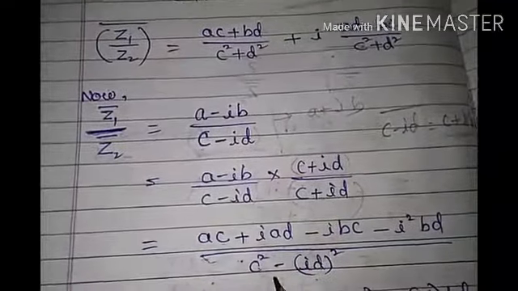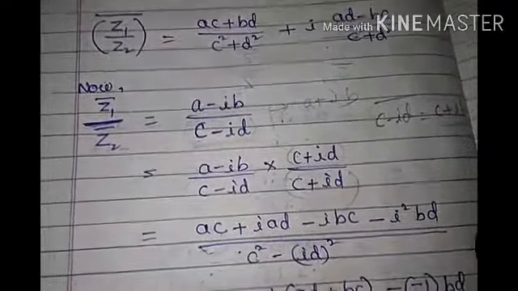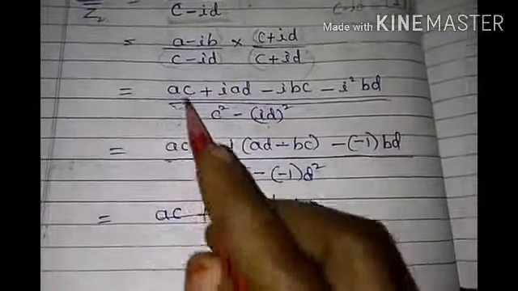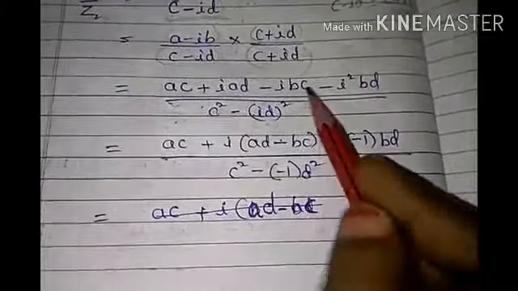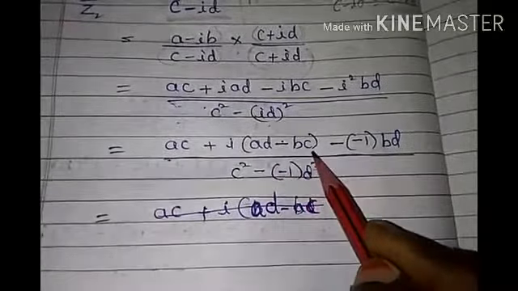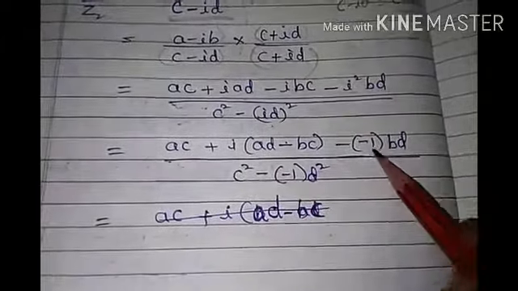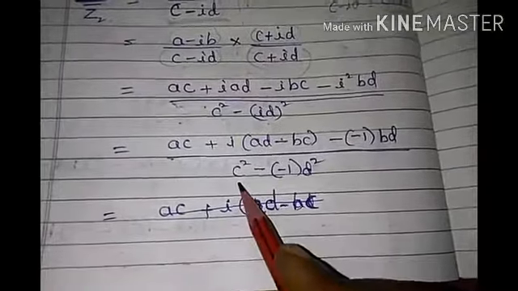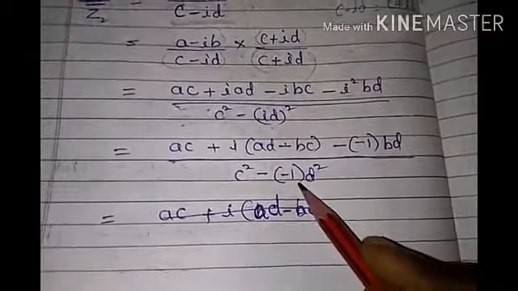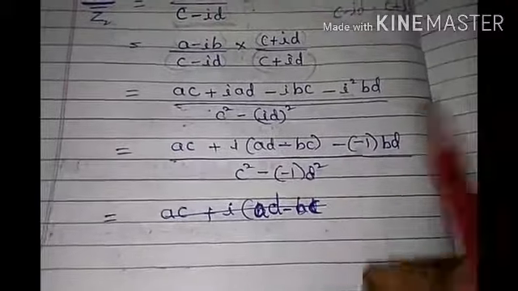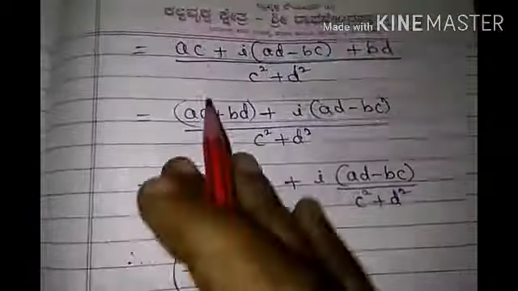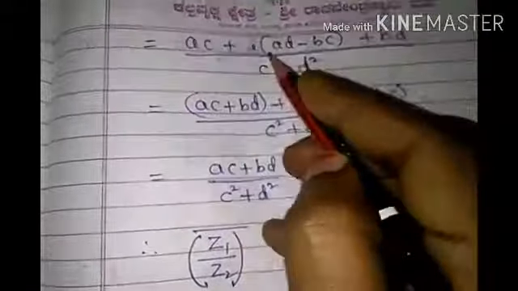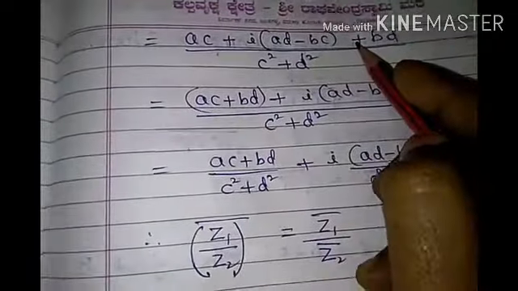So C square minus (iD) whole square, which is equal to AC plus i, which is common, i into (AD minus BC) minus, the value of i square is minus 1, into BD, by C square minus i square, whose value is minus 1, and D square.